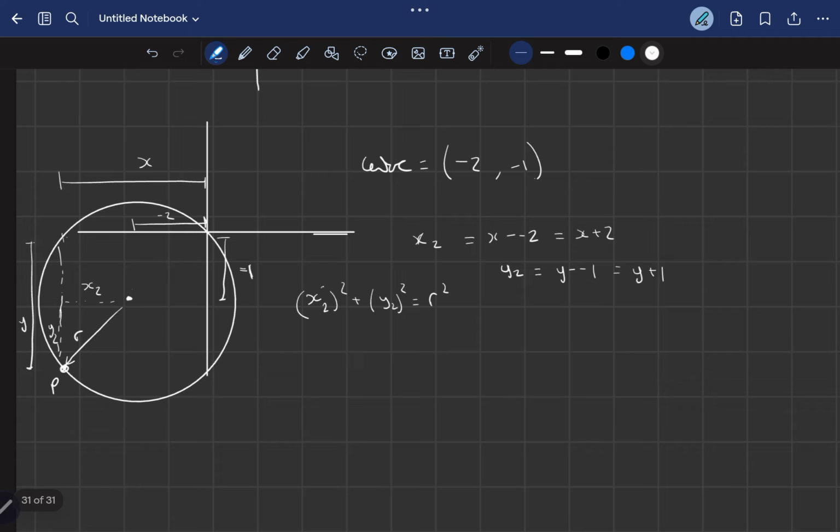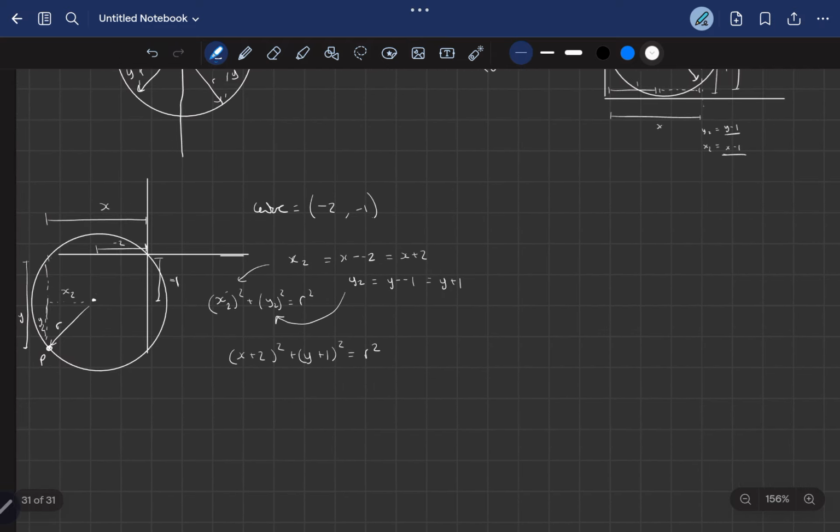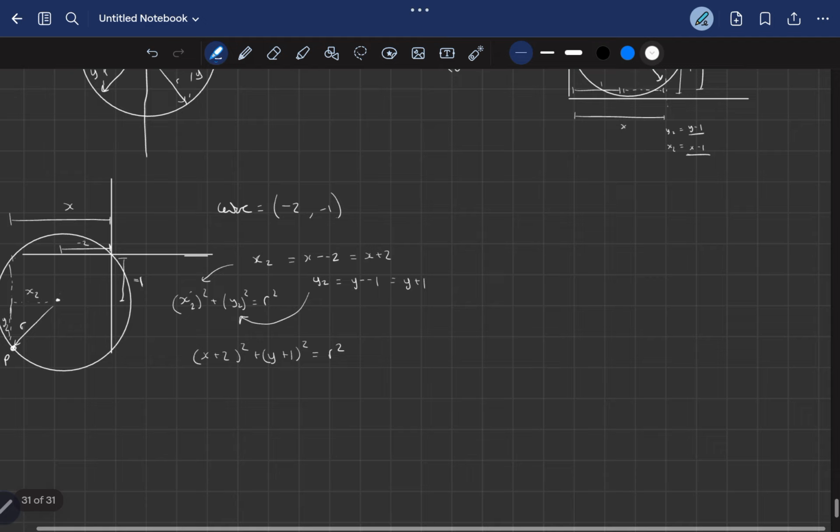Now we can substitute this into here, and this into here. So we get x plus 2 squared plus y plus 1 squared equals r squared. Now, say we already have an equation.